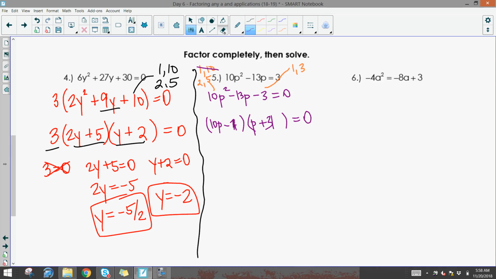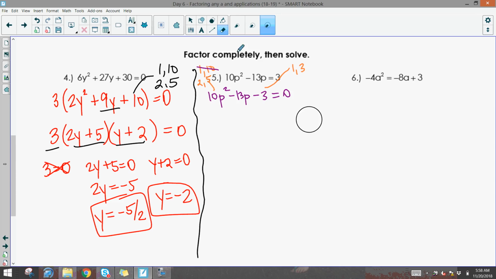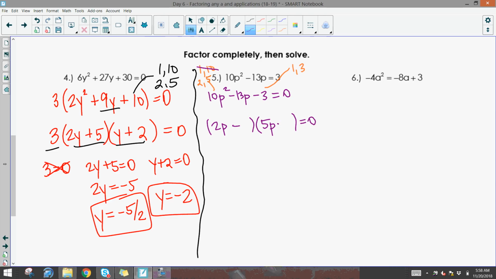And I can now, obviously, with 3 and 1, those are the only options I have there, so I can't take that out of the running. But now I'm going to try my 2 and my 5. So 2p and 5p equals 0. We're going to need 2 different signs here.